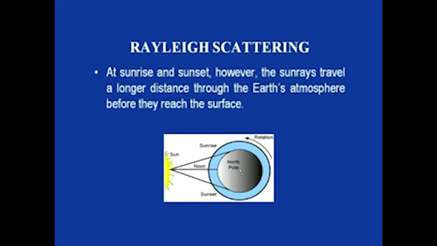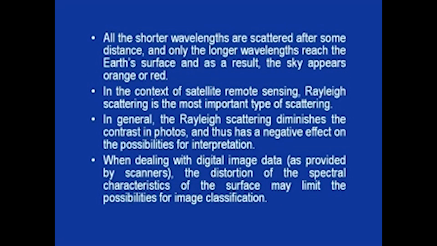At sunrise and sunset, however, the sun rays travel a longer distance through the Earth's atmosphere before they reach the Earth's surface. All the shorter wavelengths are scattered after some distance and only the longer wavelengths reach the Earth's surface, and as a result of this, the sky appears orange or red.